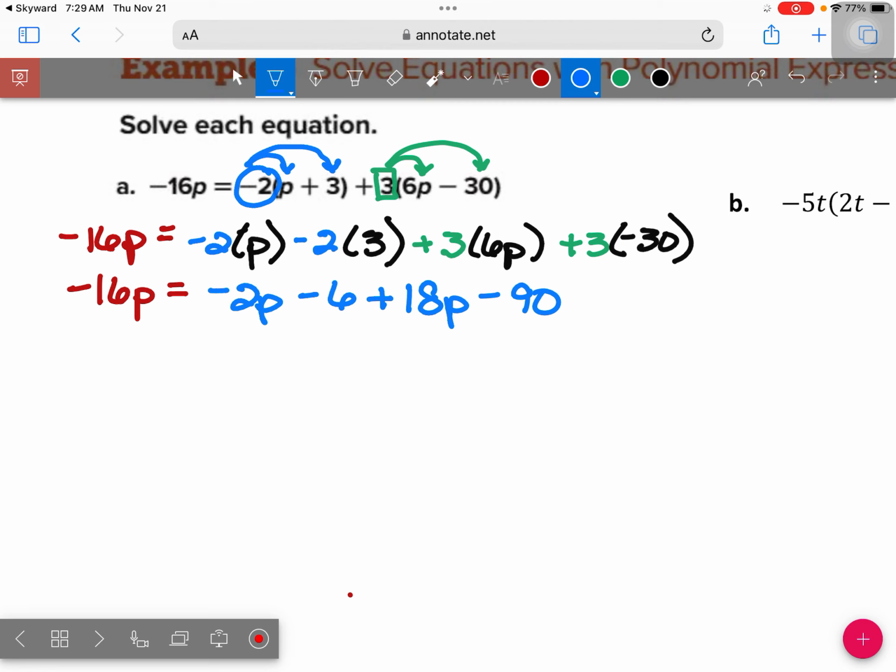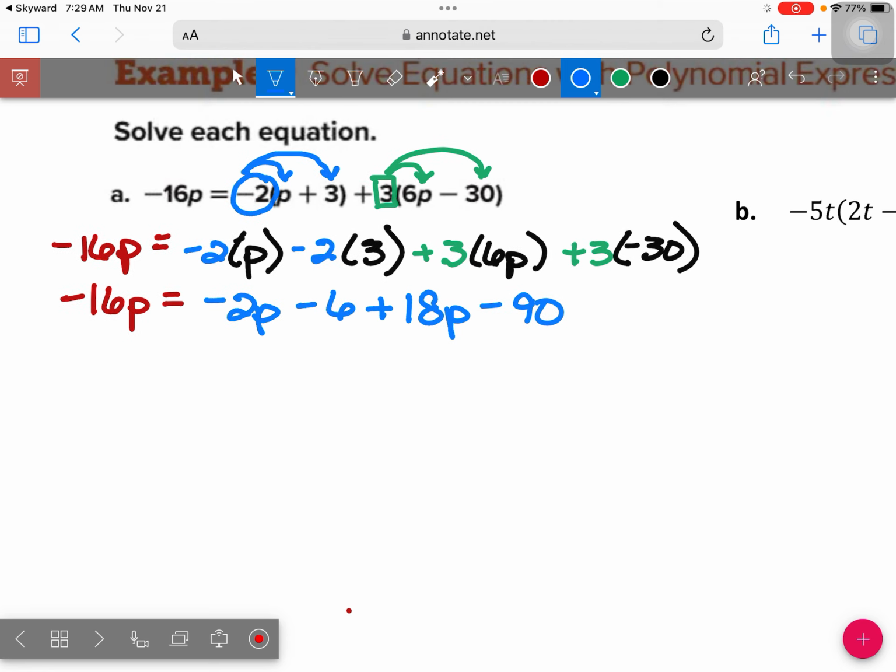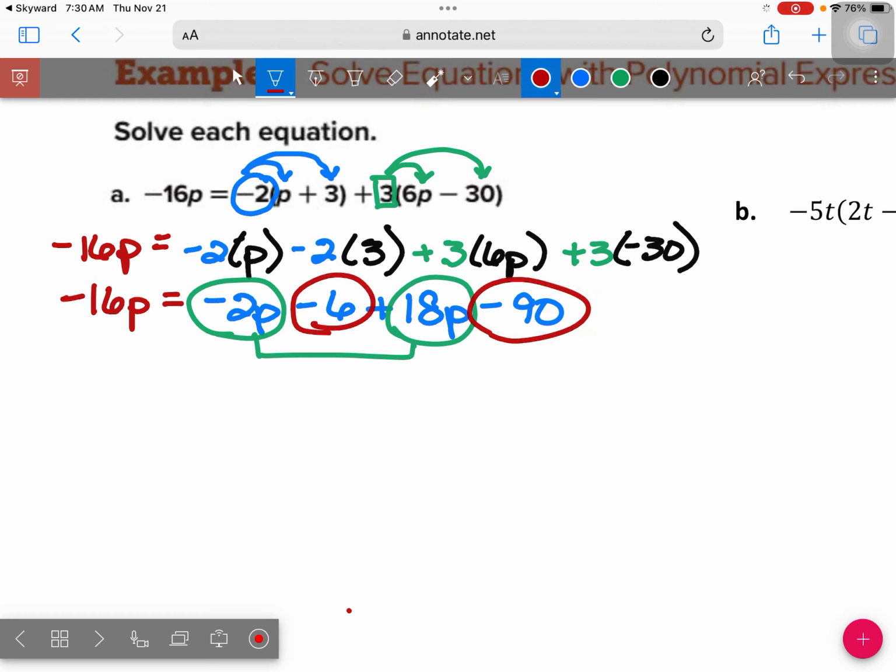All right, so then I'm looking for like terms that I can combine, okay? So over here on the right, I have negative 2p and 18p. I'm going to put those together. And then I have some constants, negative 6 and negative 90.